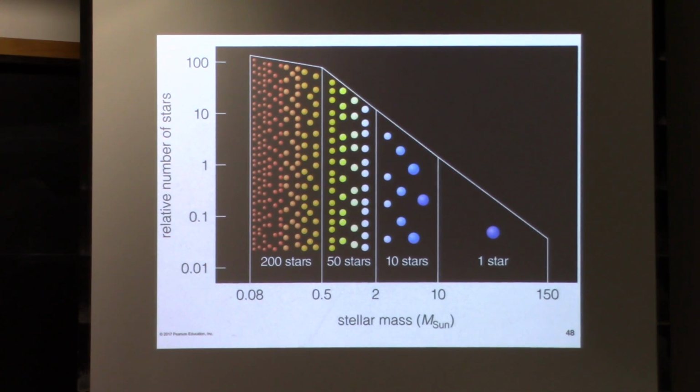This is a plot of what's called the initial mass function, the IMF. Folks that are studying star formation are very interested in what fraction of stars form with a given range of masses. And then this would feed into, well, how many stars of different masses do we see now?